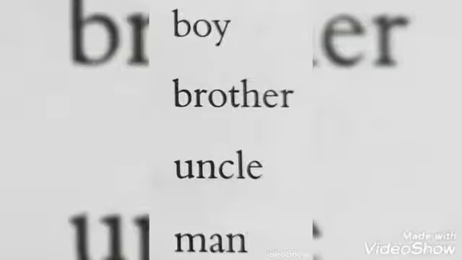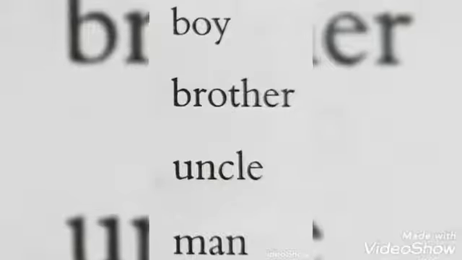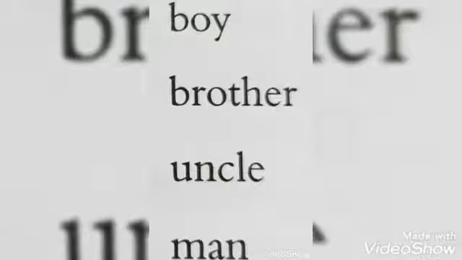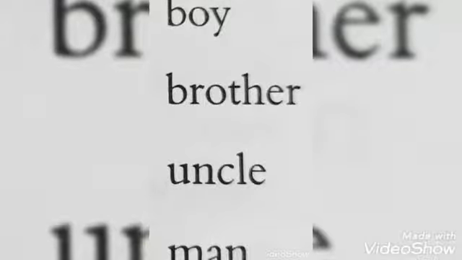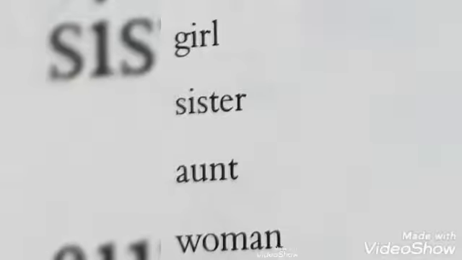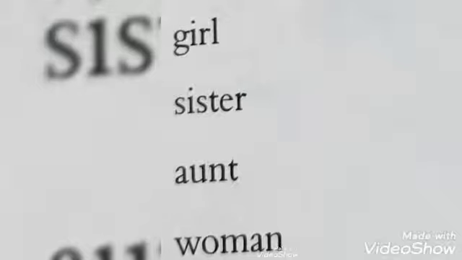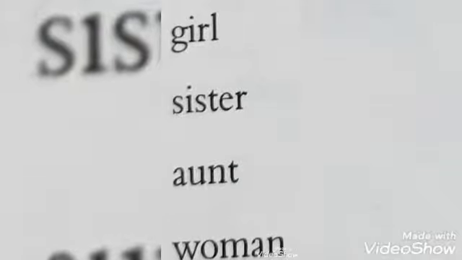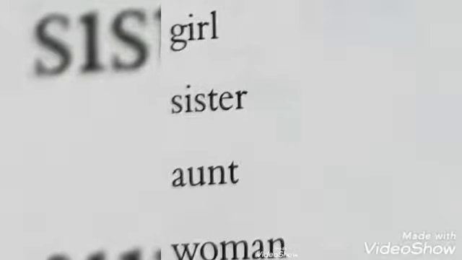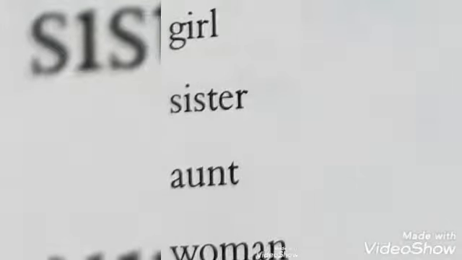Now look at the given set of words. Boy, brother, uncle, man. These are all nouns, but they all stand for male living beings. Now look at the next set of words. Girl, sister, aunt, woman, etc. These nouns stand for female living beings.